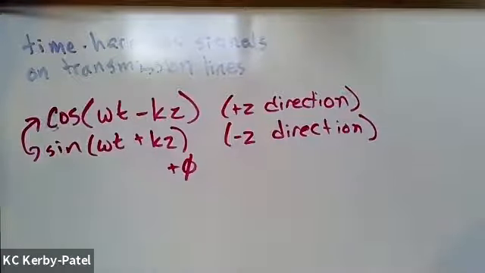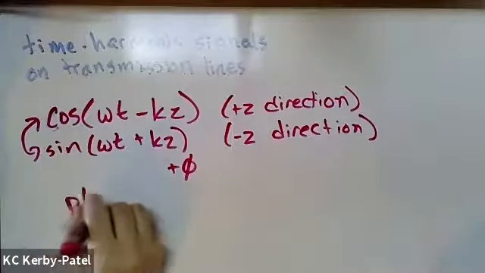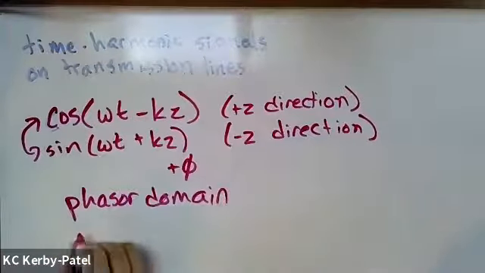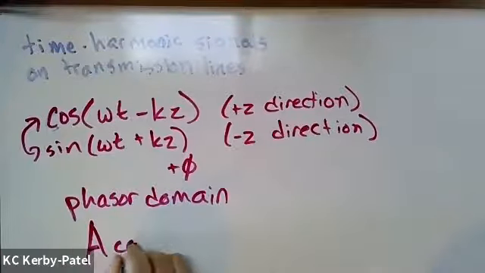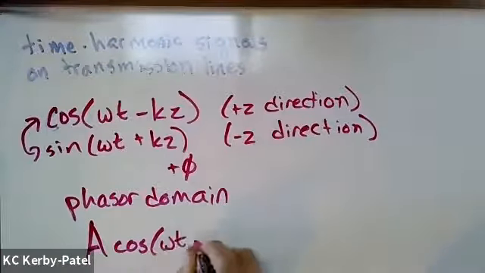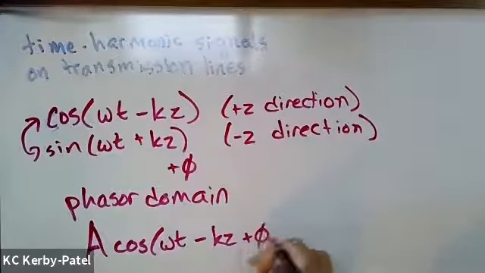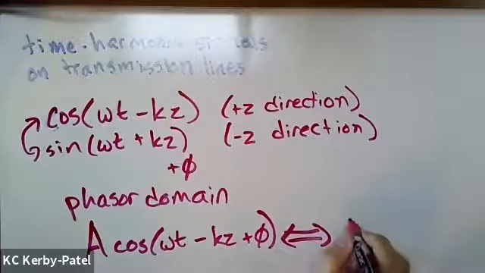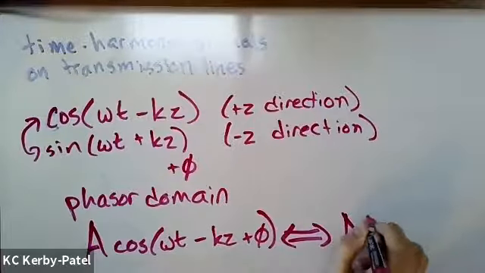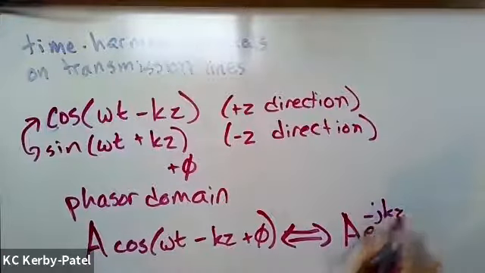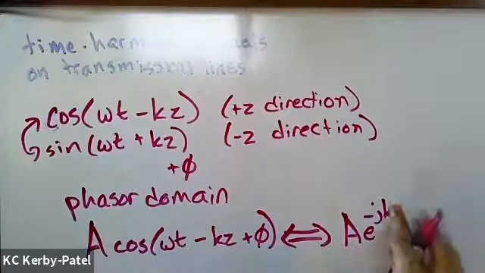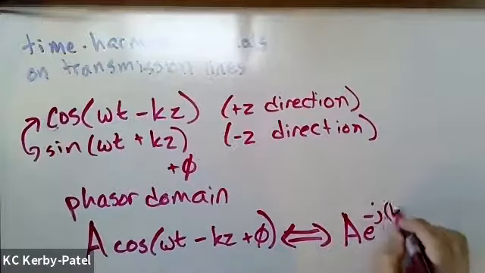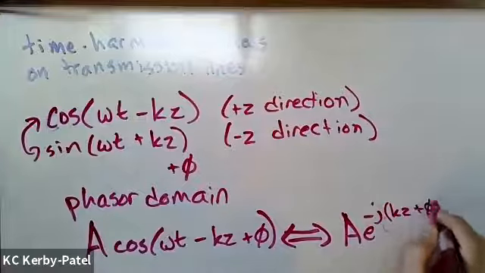And we can also talk about them in the phasor domain. Having some amplitude A cosine of omega t minus kz plus some phase phi is equivalent in the phasor domain to A e to the minus j (kz plus phi), like that.